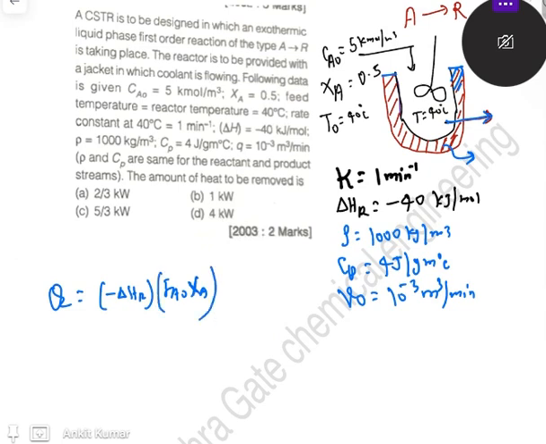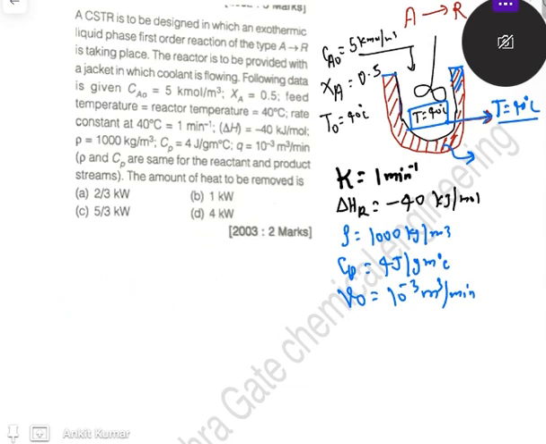Is that clear? Why is this happening? Because the exit temperature is also not given to you. If the reactor temperature is 40 degrees centigrade, the exit temperature will also be 40 degrees centigrade, because in a continuously stirred reactor, the process variable inside the reactor is equal to that at the exit.